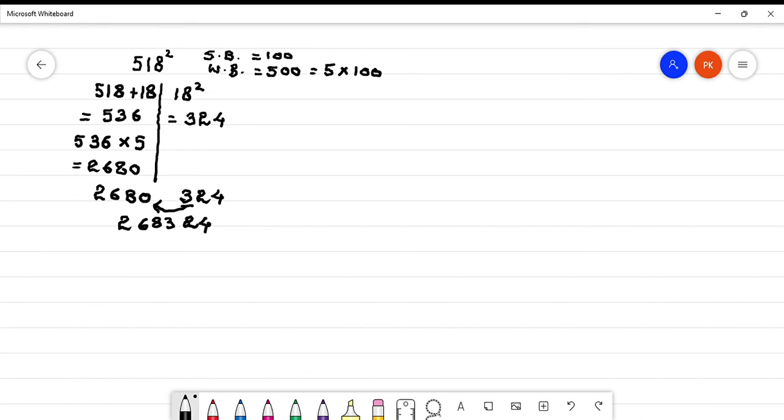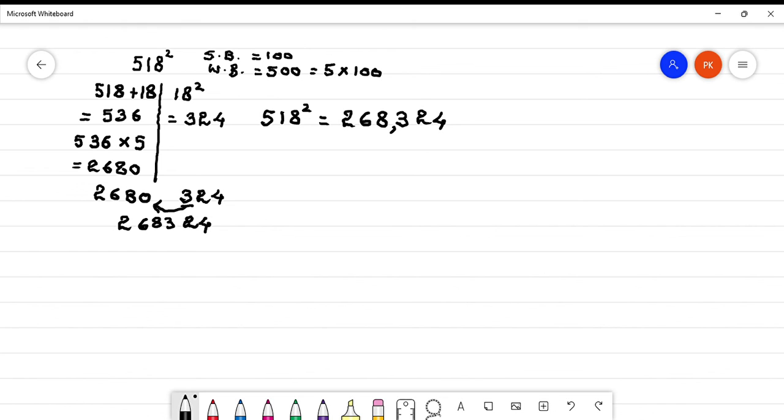So finally you'll get 518 square as 2, 6, 8, 3, 2, 4. 268,324. That is 518 square.